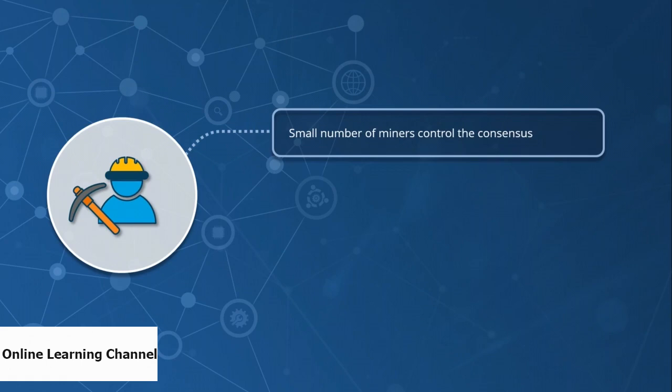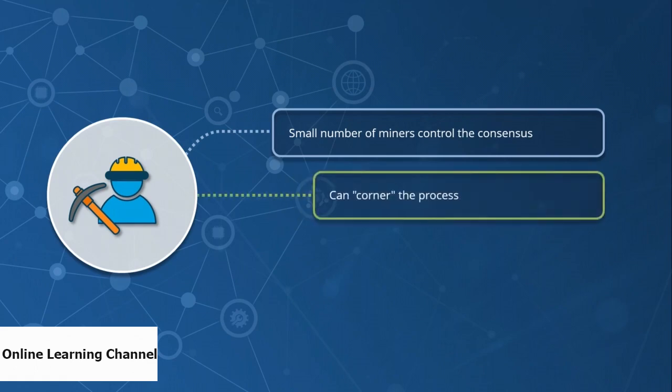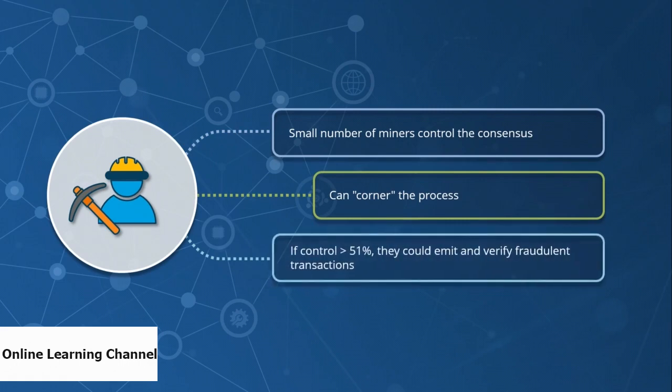If these entities were to gang up and control more than a majority of the processing power in the network, well, then they can effectively corner the process, and at this point, they can just manufacture any kind of transactions and then verify their own fraudulent transactions. This is referred to as a 51% attack, and though this hasn't happened yet in any of the major blockchain networks, this is a real possibility.